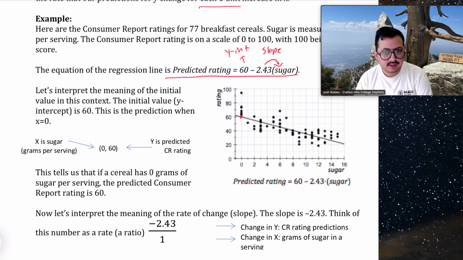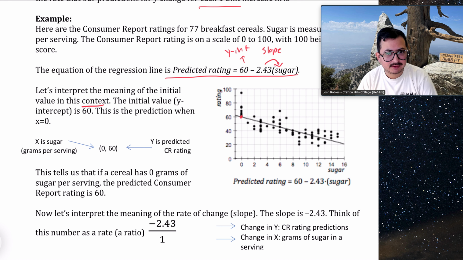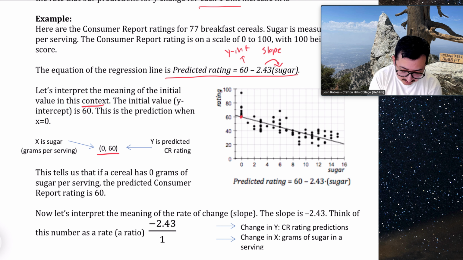Okay, so what do these tell us in context of the problem? Context means the vocabulary words of the problem. So if you're talking about cereal, sugar, and ratings, you should be using those type of words. The y-intercept value is 60. Y-intercepts always mean that the x input was 0.